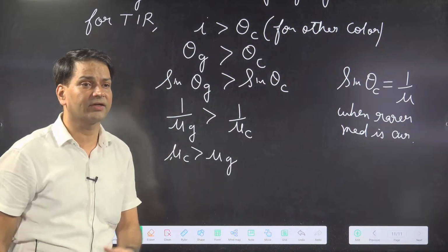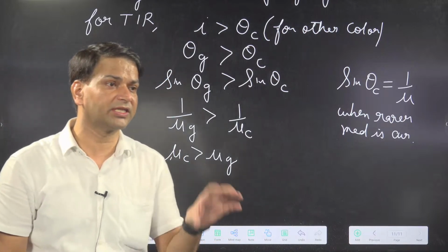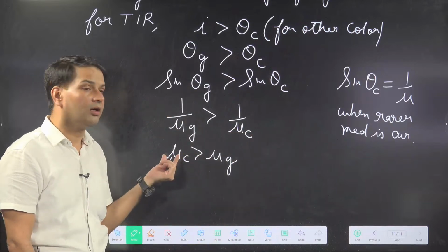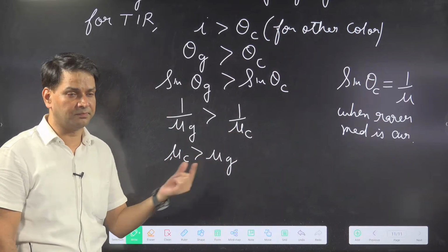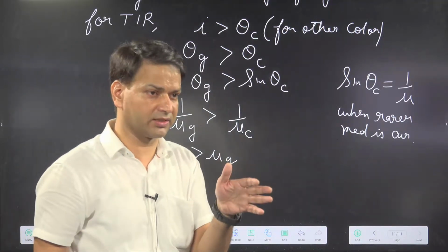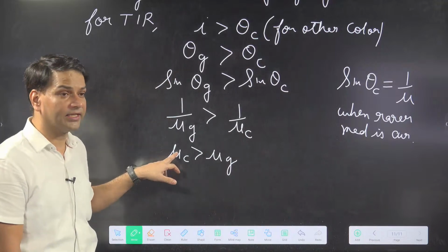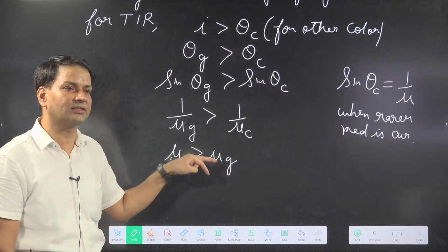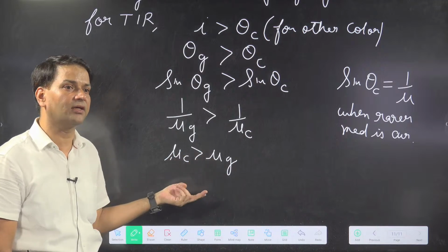So for which lambda will mu be greater than green? The mu and lambda relation is: lambda more, mu will be less. So here I need mu more, which means lambda has to be less. Which lambda is less than lambda of green? They will get TIR.